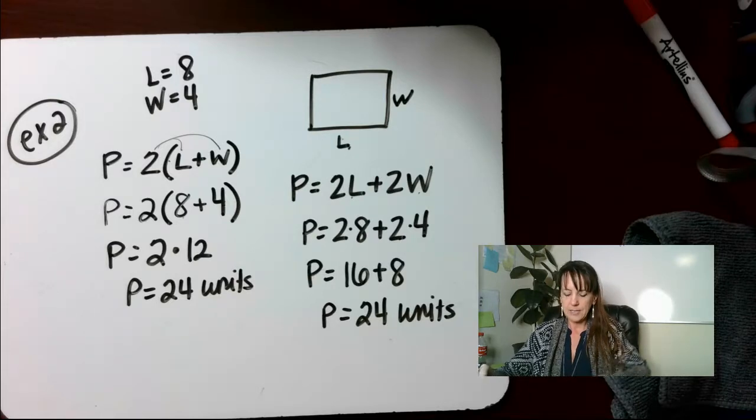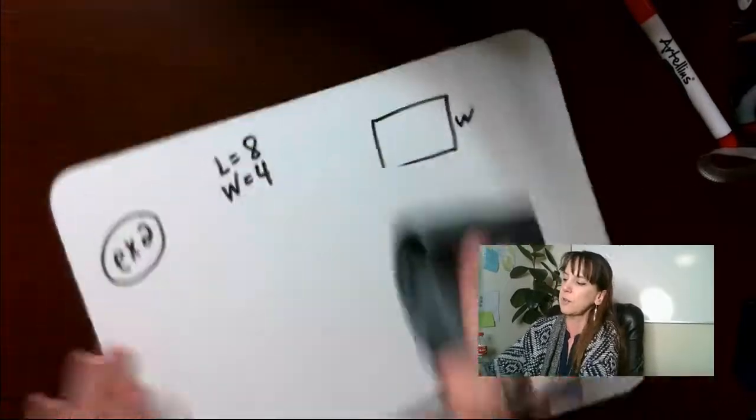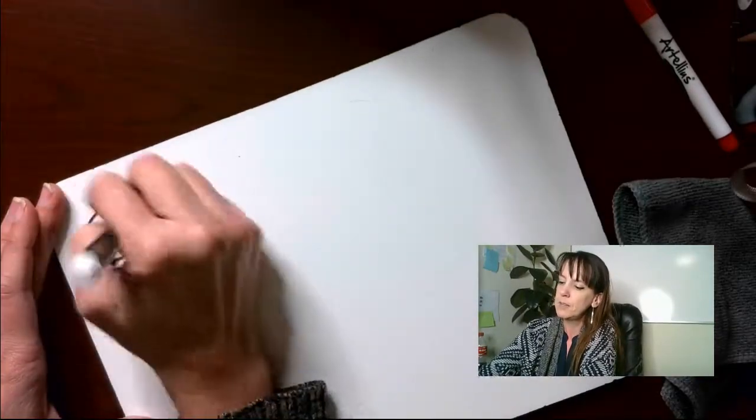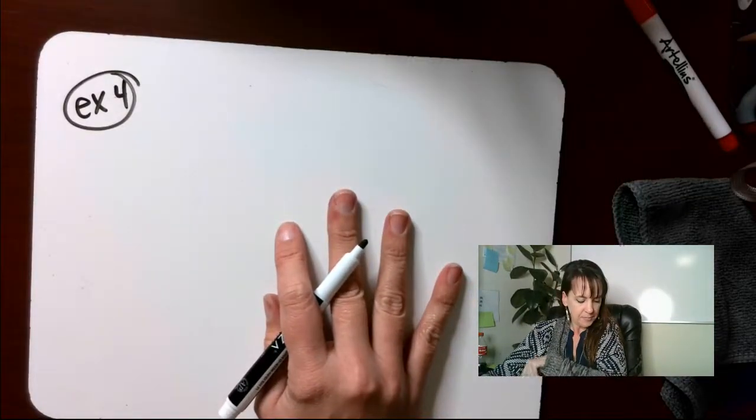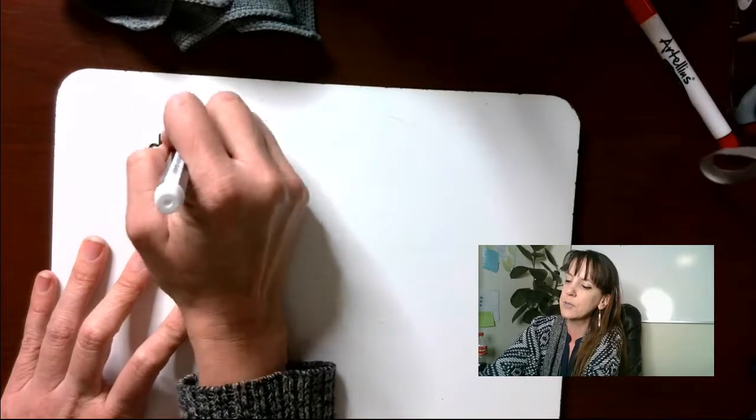Okay, so let's talk about example number 4. We're going to skip number 3 because it's basically just a repeat of what I just showed you. Actually, before we even do example number 4, what I want you to write is distributive property.